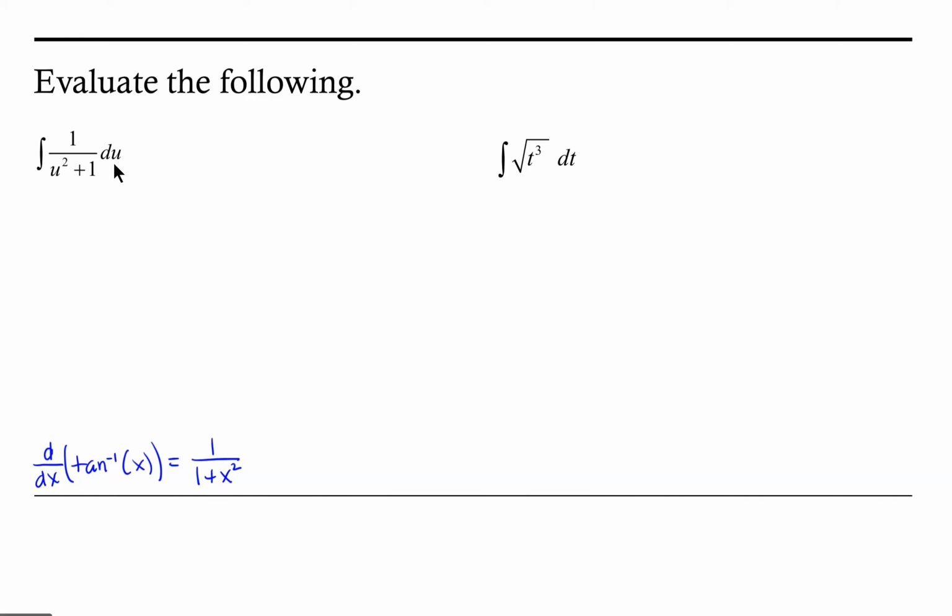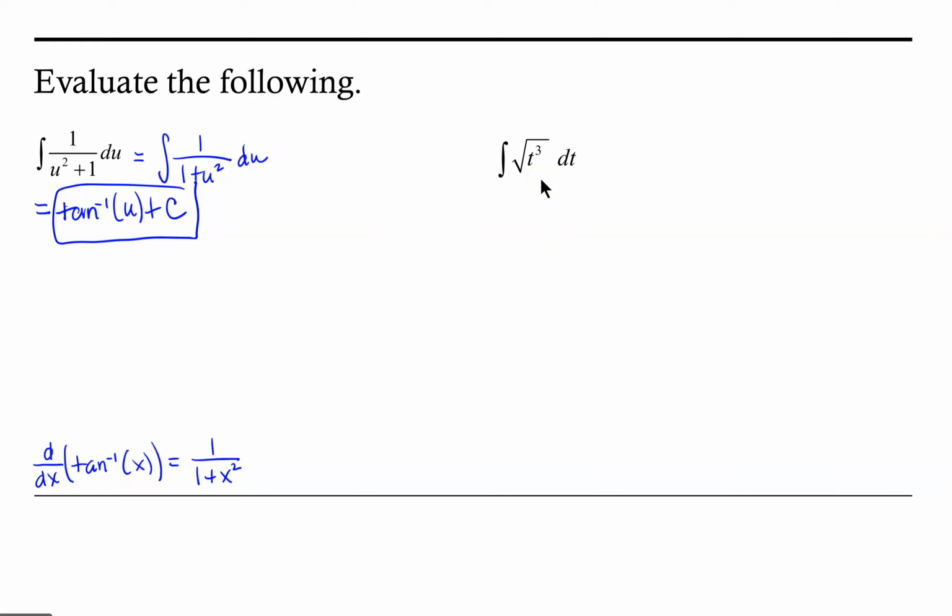With that being the case, then the antiderivative of 1 over u squared plus 1, which of course we can rewrite as 1 over 1 plus u squared du, is going to be the inverse tangent or arctangent of u plus c, because of this relationship that is defined through the derivative.